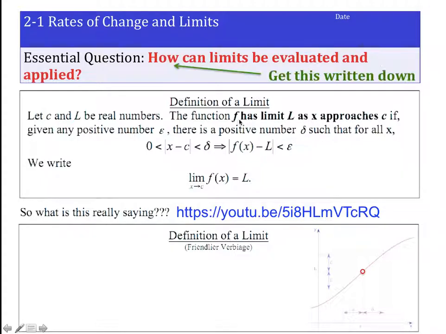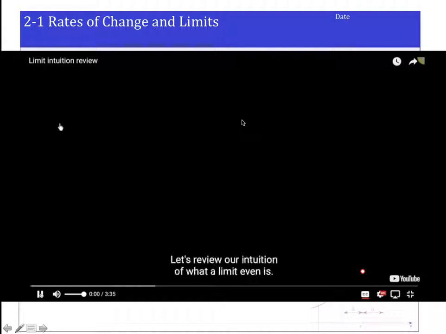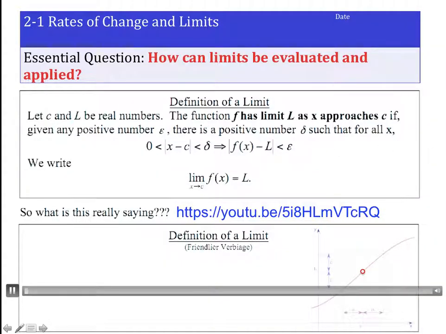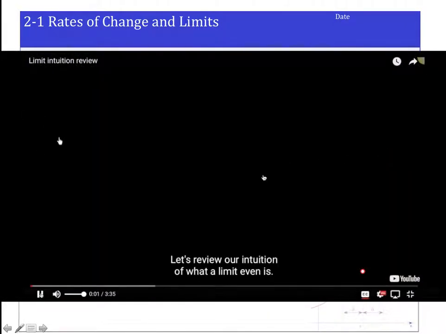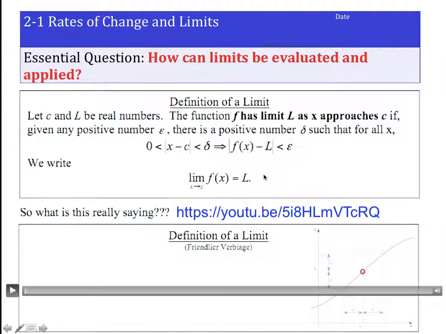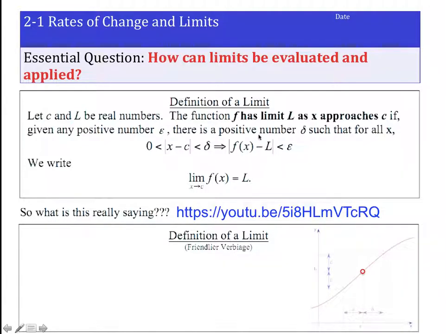So if we think about that, we have a limit L, that's the output value, the y value, as we approach some x value. That's really all we need to be concerned about: the limit is that y value, that output value, as we approach an x value.